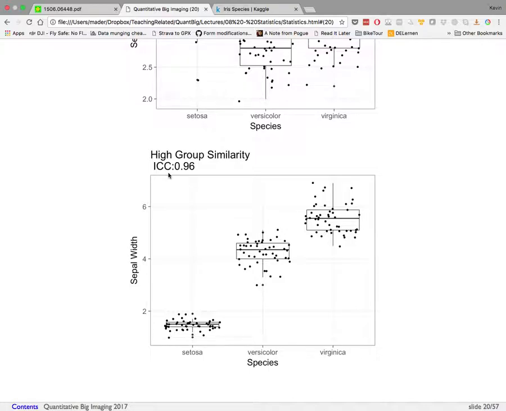But particularly because this is so tied with the variance, if you were doing an experiment, for example, where you were trying to measure the length of things accurately, and the three groups you had were ants, beetles, and whales, you would have a very, very, very high ICC.